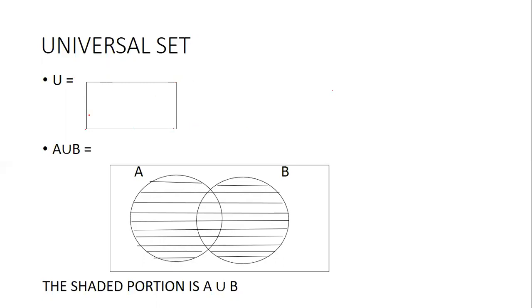It's completely closed, and inside this we are going to draw the circles. When we are only talking about the universal set, there should be just this rectangle. Did you all understand the universal set?